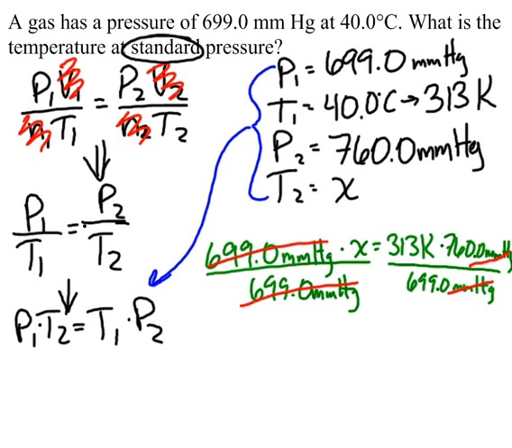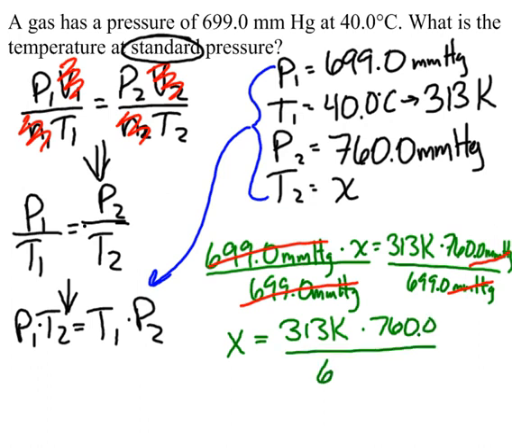So now all I have left is X is equal to 313 Kelvin times 760.0 divided by 699.0. All right, you do the math. X equals 340. Don't forget your decimal, because you need 3 sig figs. Kelvin.